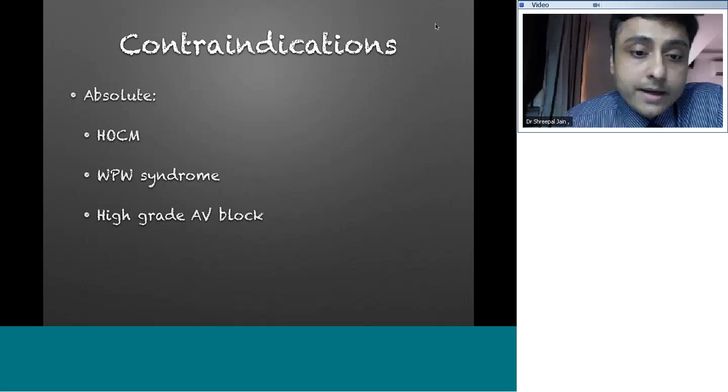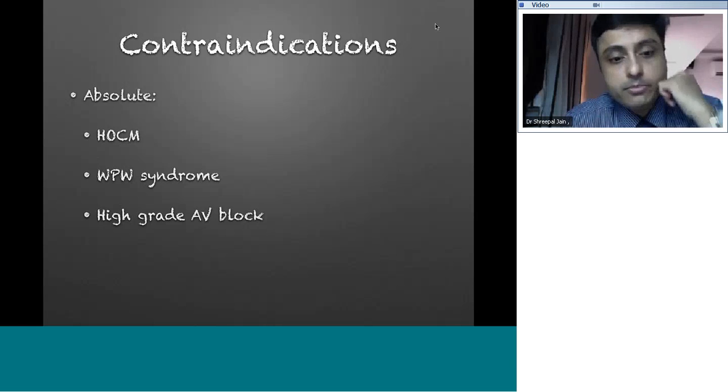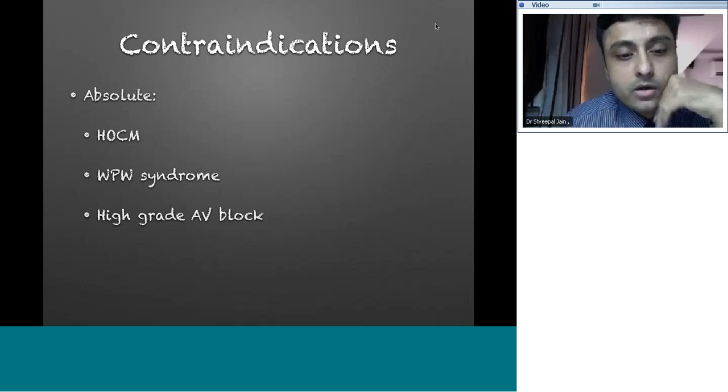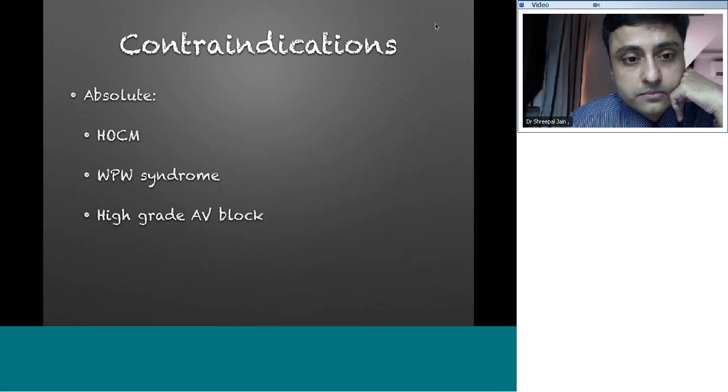Next is high grade AV block, obviously because your AV conduction is prolonged. Relative contraindications include renal failure, hypokalemia, which can increase digitalis toxicity, acute myocarditis, premature neonates with impaired renal clearance, and other drugs which prolong AV conduction like beta blockers, calcium channel blockers, and amiodarone.